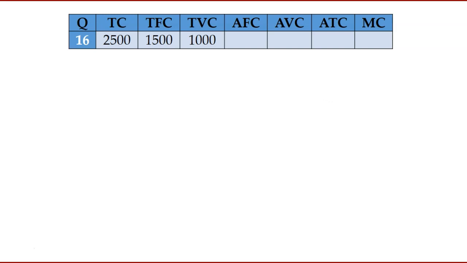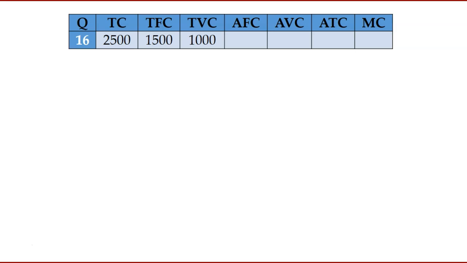What about average fixed cost? Well, when we talk about averages, we calculate averages in the same way we calculate any average. If, for example, you had 3 bowling balls of different sizes, you could add up the weights of all of those bowling balls and then divide it by the number of bowling balls to get the average weight.